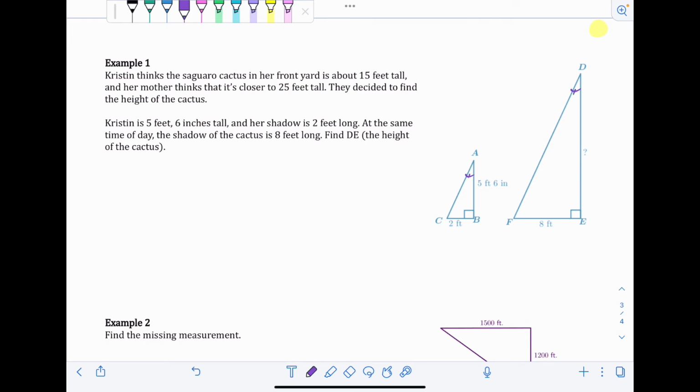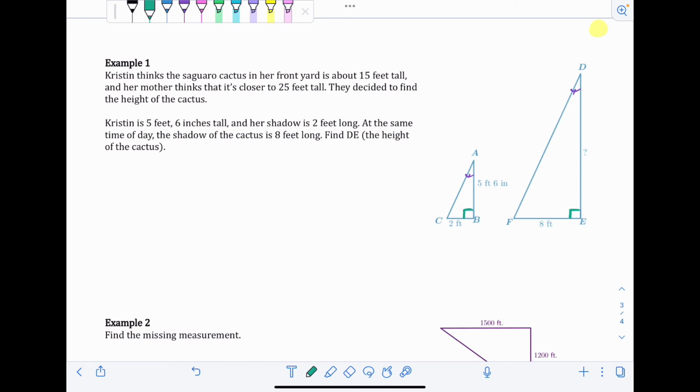And we know that angle B and angle E are both right angles, so those are congruent as well. If you have two pairs of corresponding angles that are congruent in two different triangles, that means they're similar. You just need two in terms of angles. That goes back to the previous lesson, the one right before this. So we know that the two triangles are similar.